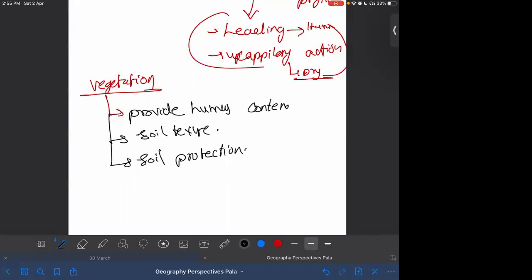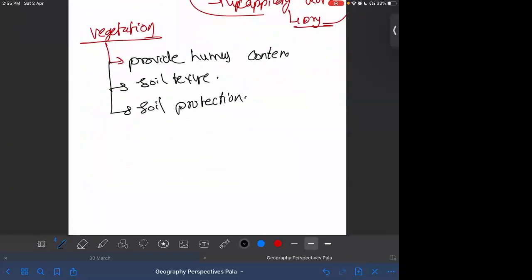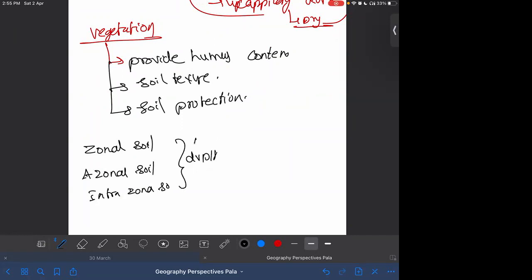So these are the two dominant factors that determine soil formation. Later on, we will see what are zonal soils, azonal soils and intrazonal soils. These are soils based on their level of development of soil profile.